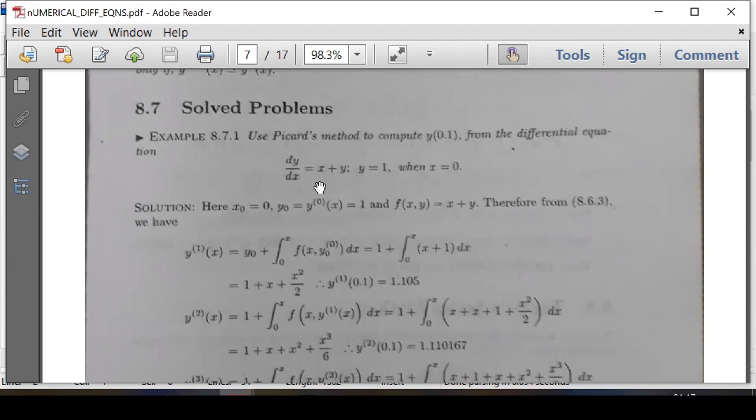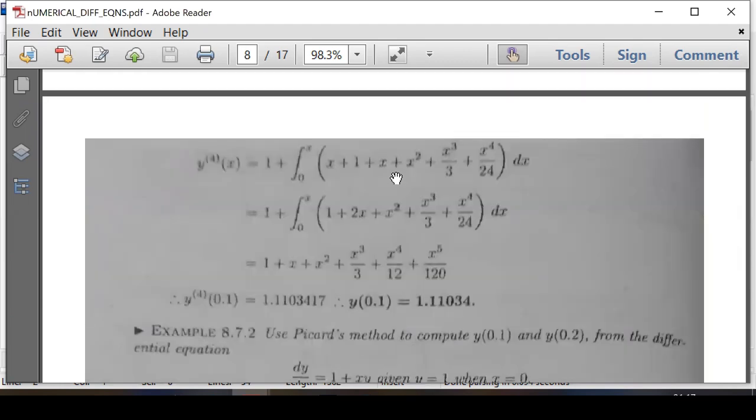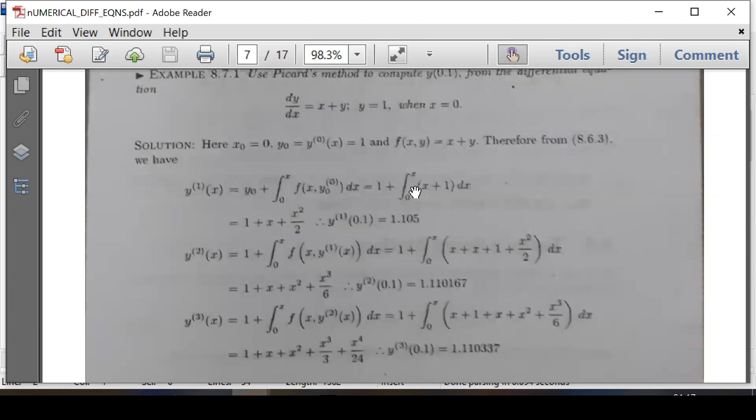But we know here for Picard's method, in order to obtain the desired level of accuracy, we have to go on calculating the integrals. Suppose here it was calculated up to 4 decimal places or 6 decimal places. For that it was sufficient to calculate up to this fourth integral. But it may happen that you are given some more accuracy level, or for the given problem the number of integrals you are calculating is not sufficient.